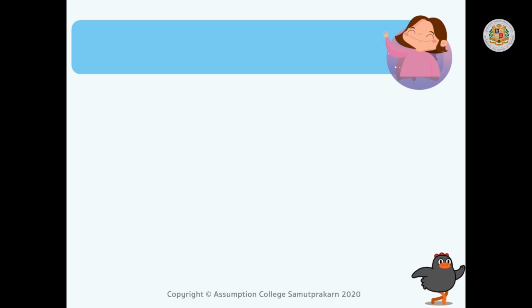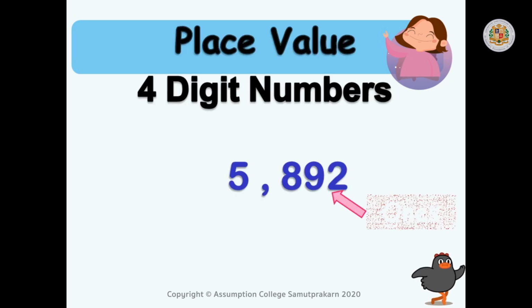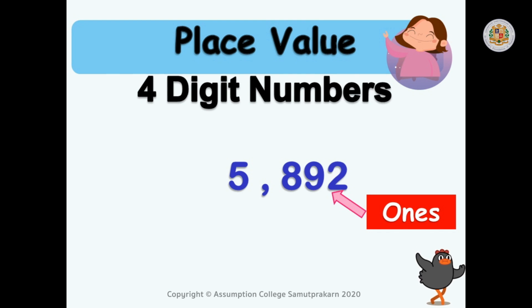We will learn place value of 4-digit numbers. We have given one example below, 5,892. Read this number by yourself. To identify each digit, the place value, we can start with the last digit. What is the last digit?